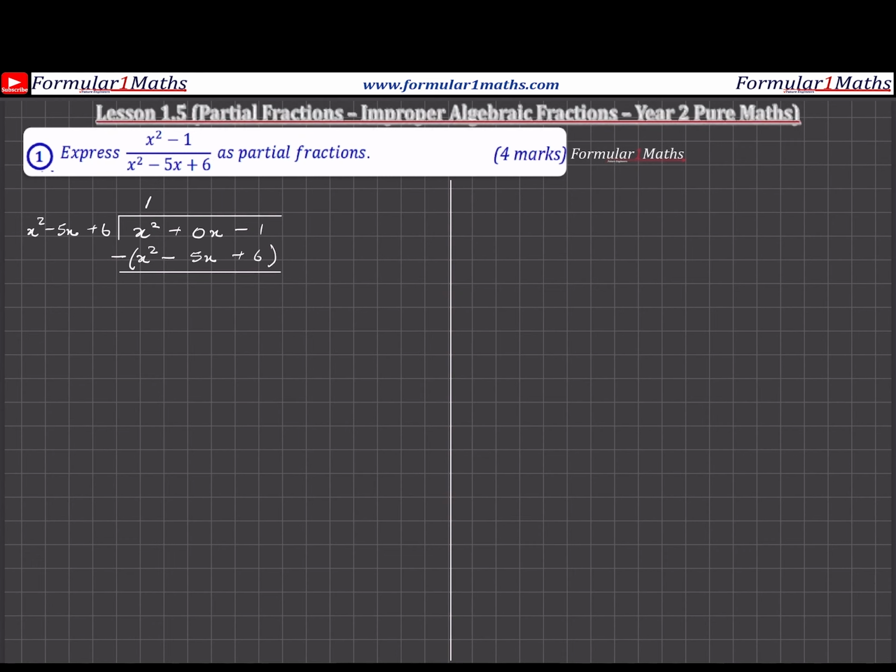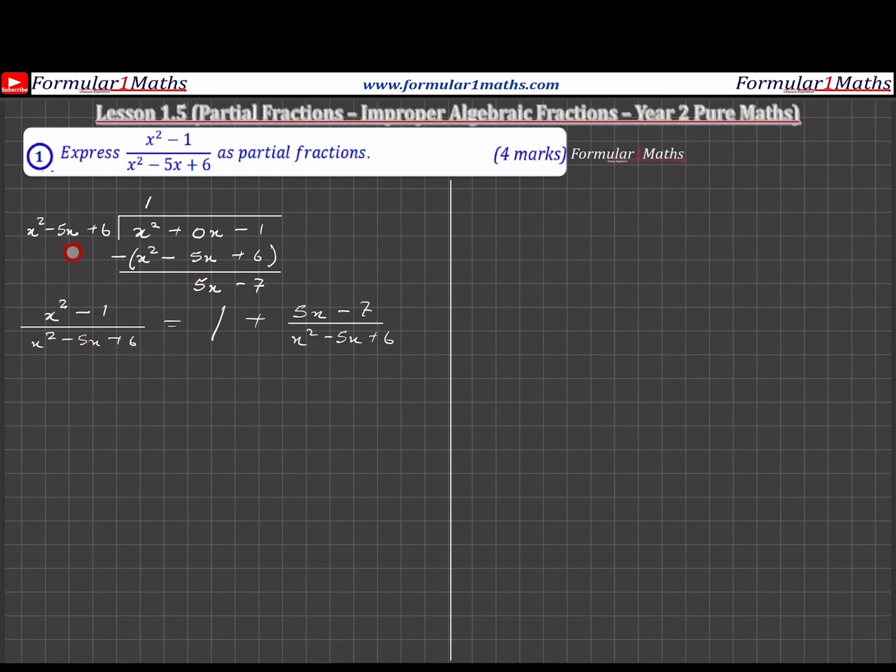And if I do that, I'm going to get 5x minus 7. And so the whole fraction now becomes x squared minus 1, all of that, over x squared minus 5x plus 6 equals 1 plus 5x minus 7, all of that, over x squared minus 5x plus 6.